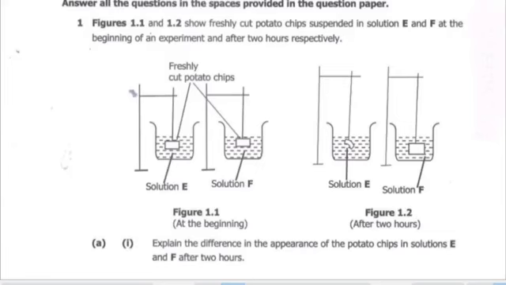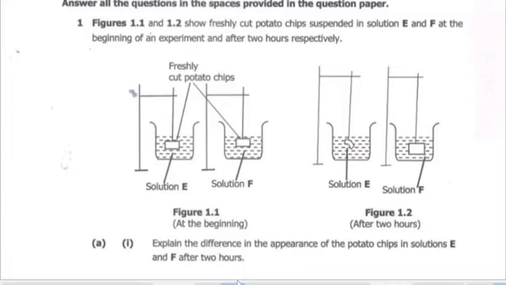Explain the difference in the appearance of the potato chips in solution E and solution F after 2 hours. So you can see at the beginning of the experiment, the potato chip in solution E was bigger, and after 2 hours in solution E, you can see that the potato chip has become what?